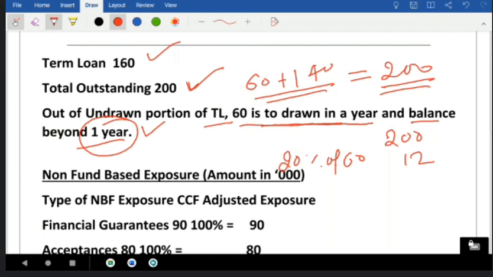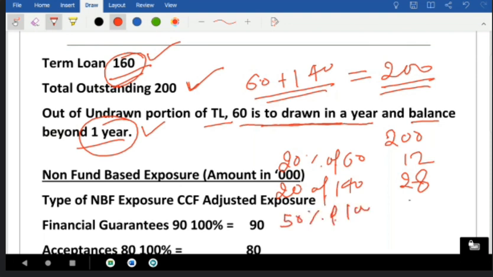So 20% of 140 means 28. And term loan is 160. 160 minus 60 is 100. So 50% of 100 is 50. If you make the total, you will get the total outstanding. So the answer is 290. So total exposure is 290.